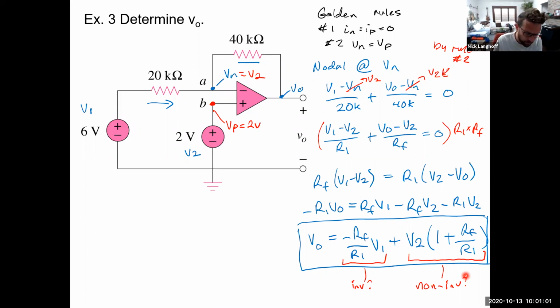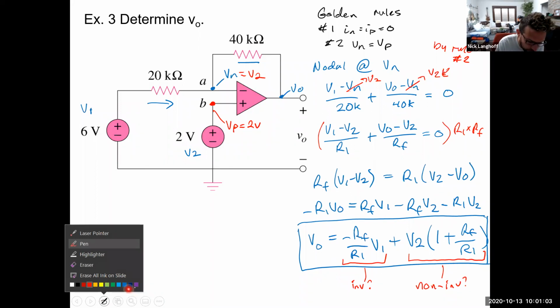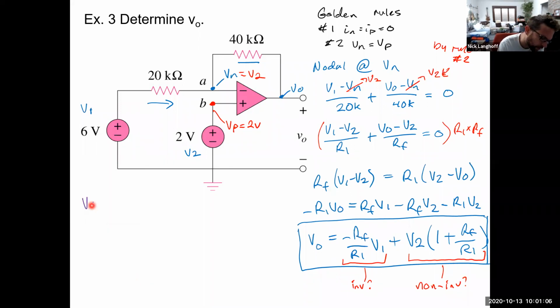All right, so if I plug in numbers for V out, V out is negative RF over R1, so negative 40 over 20, times V1, which is 6 volts, plus V2, which is 2 volts, times 1 plus RF over R1, 40 over 20.